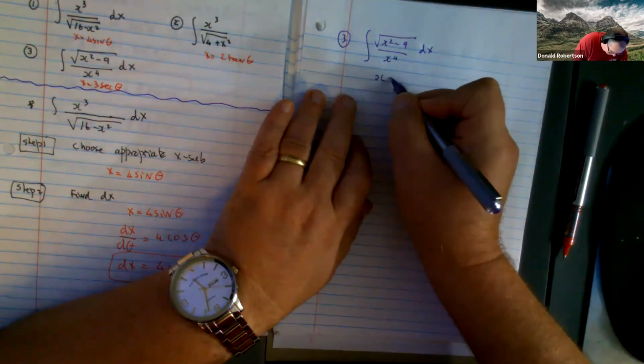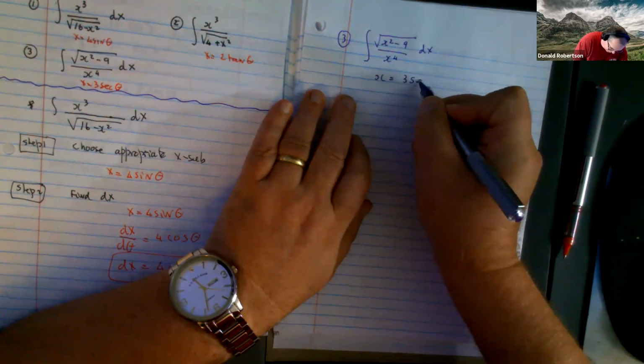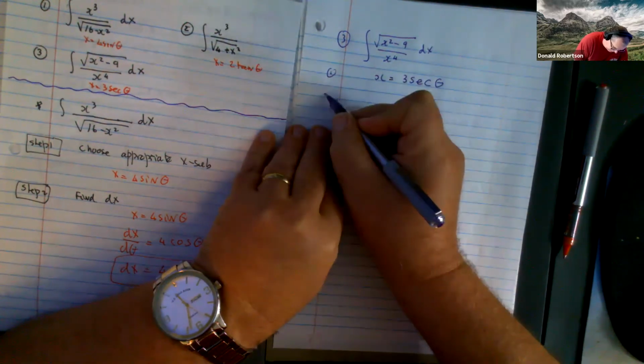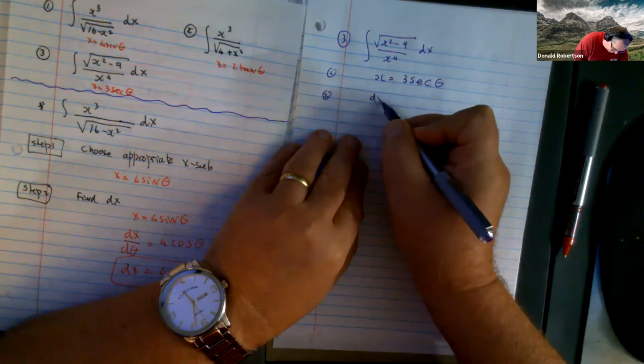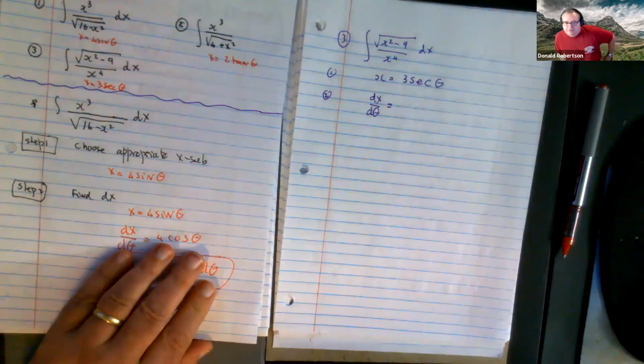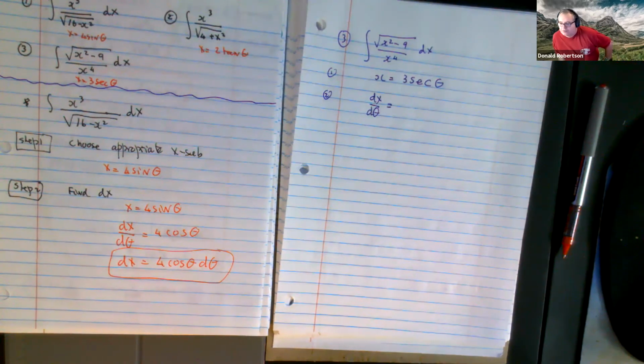It's going to be x equals 3 secant theta. I'm going to differentiate. What is the derivative of 3 secant theta with respect to theta?